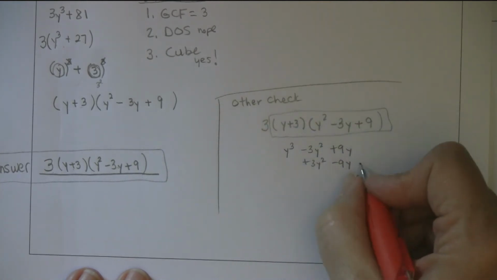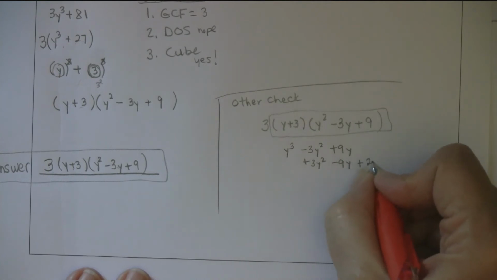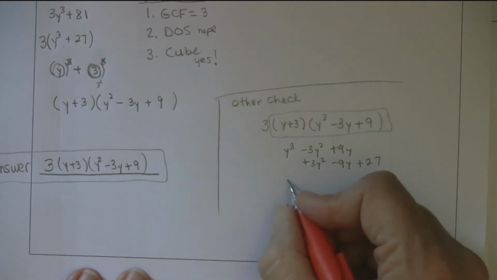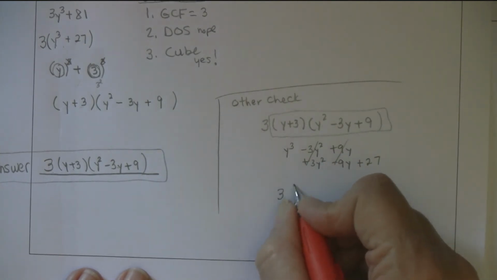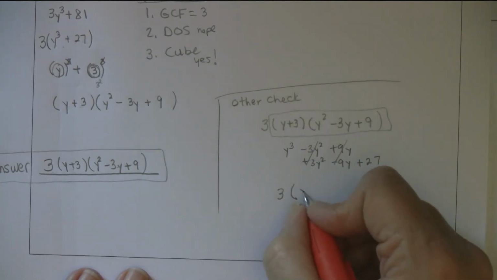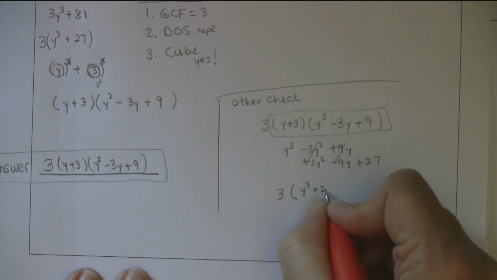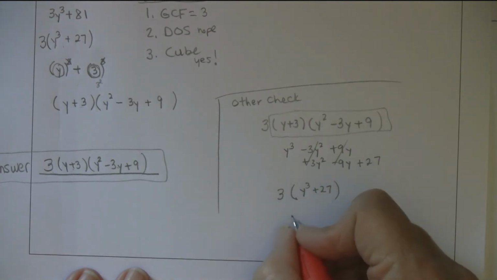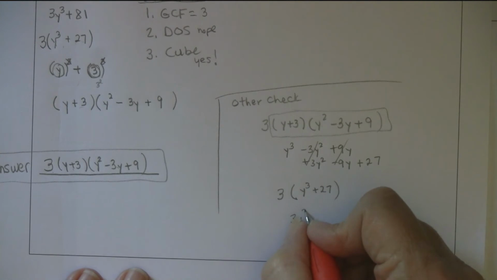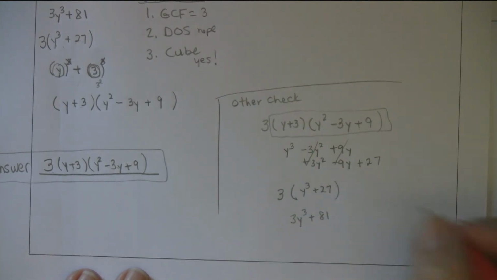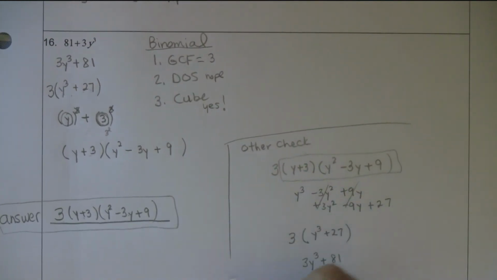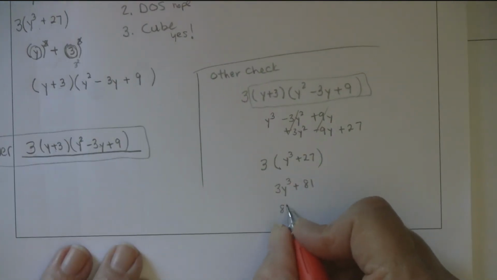And here is plus 27, 3 times 9. And so when the dust clears on the inside here, I'm going to have 3 times whatever I have in here, which is y to the third plus 27, which is 3y to the third plus 81, right? 3 times 27 is 81. And that is what I started with. Oh, they had it out of order, so let me put it out of order, right?